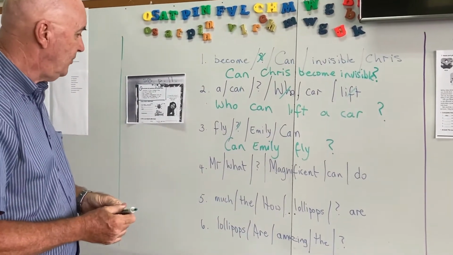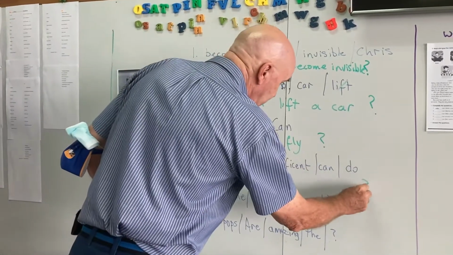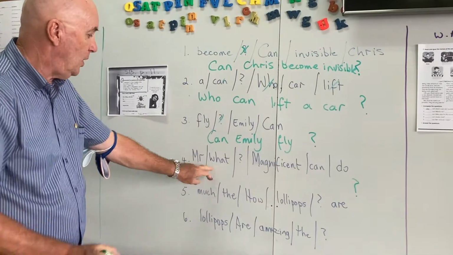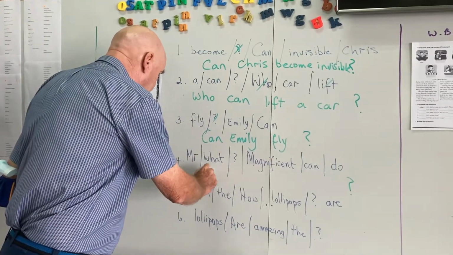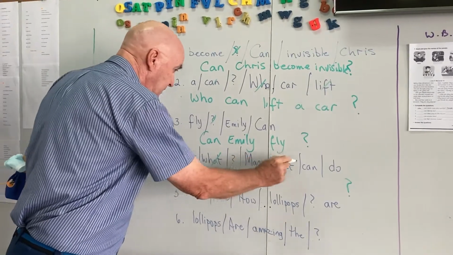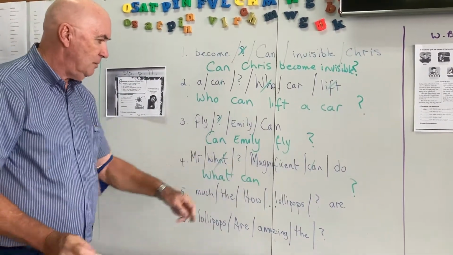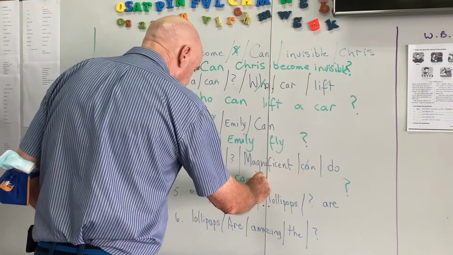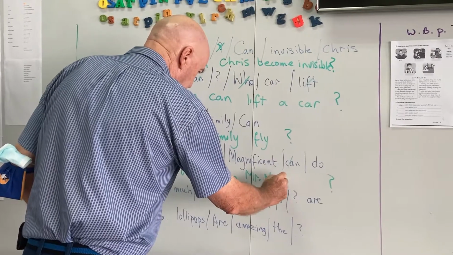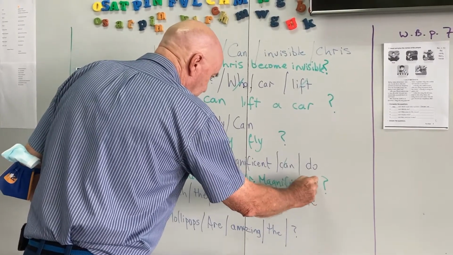So we'll look at number 4. Question mark at the end. WH question word, what. It's going to be what, and then can, what can, and then who are we talking about? Mr. Magnificent, and then our verb do.